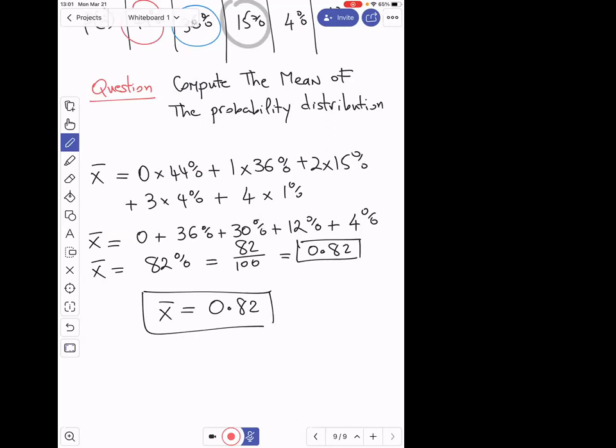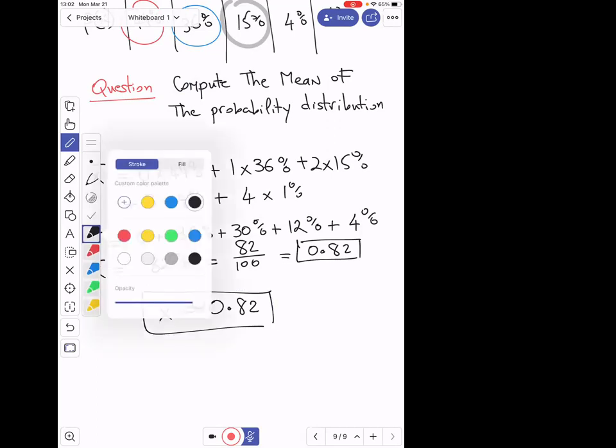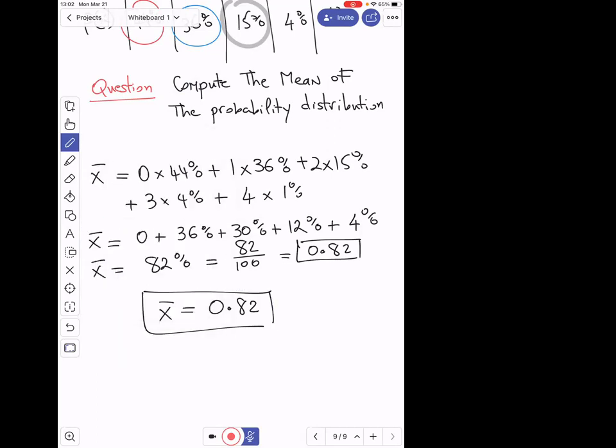What would be another interpretation of this number? What does it mean for X bar to be equal to 0.82 in this problem? So what we expect here is that if you select a random fisherman, then the fisherman would catch 0.82 fish in a 6-hour period.